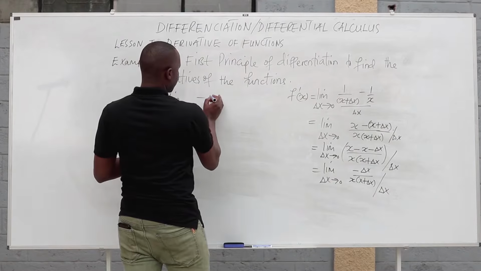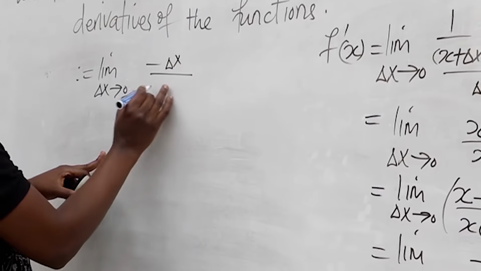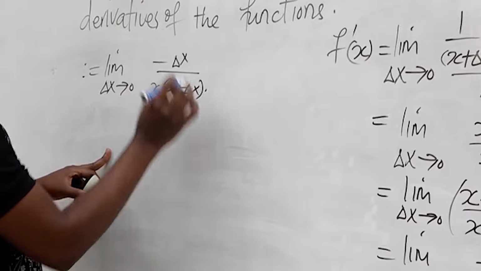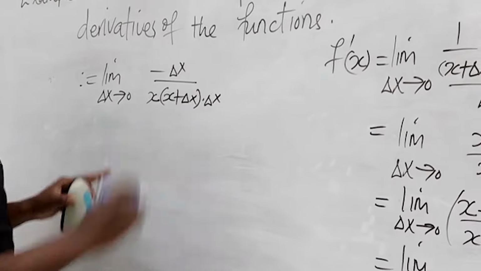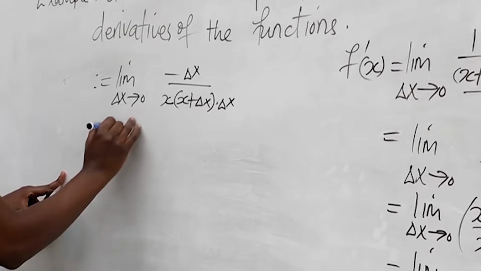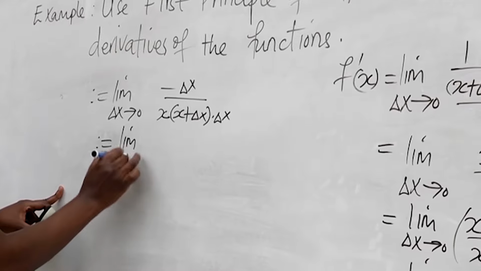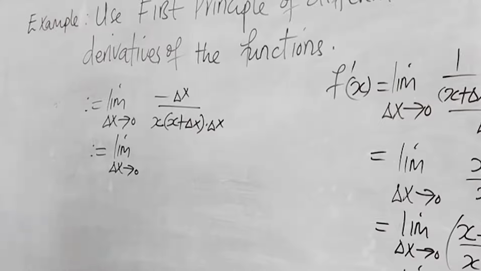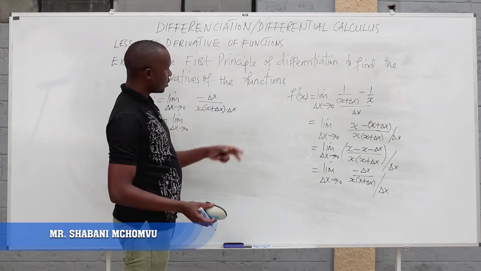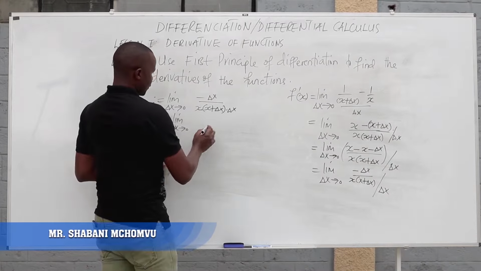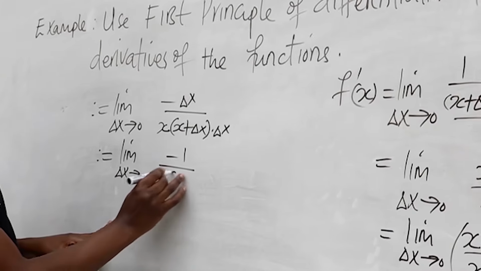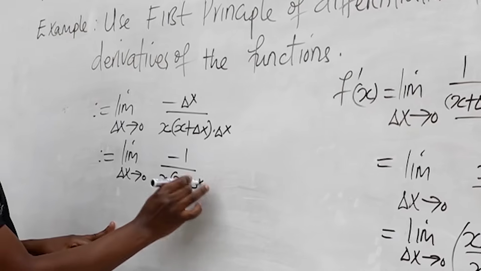It becomes negative change in x over x, then x plus change in x. Now we times change in x. So it becomes like that. So from there, the limit as change in x approaches 0. Now we find the way of simplifying the change in x. This one and this one now will cancel out. So we'll have negative 1 over x bracket x plus change in x.